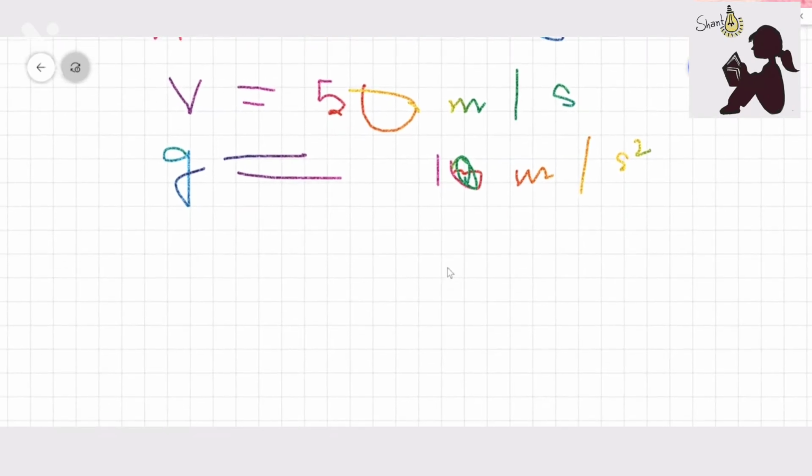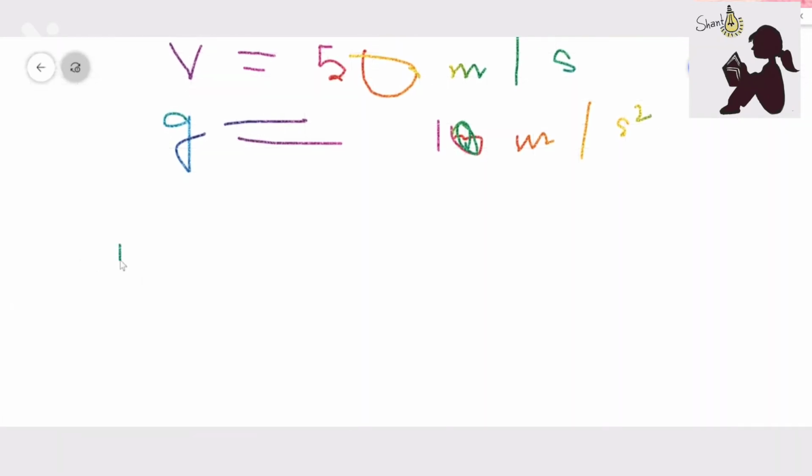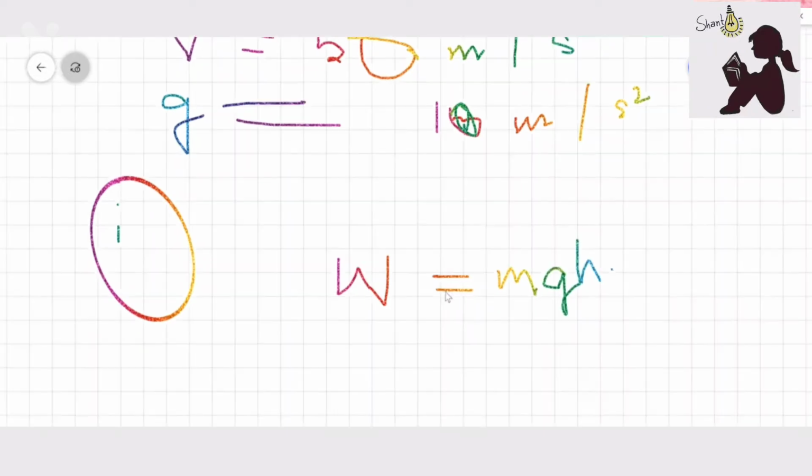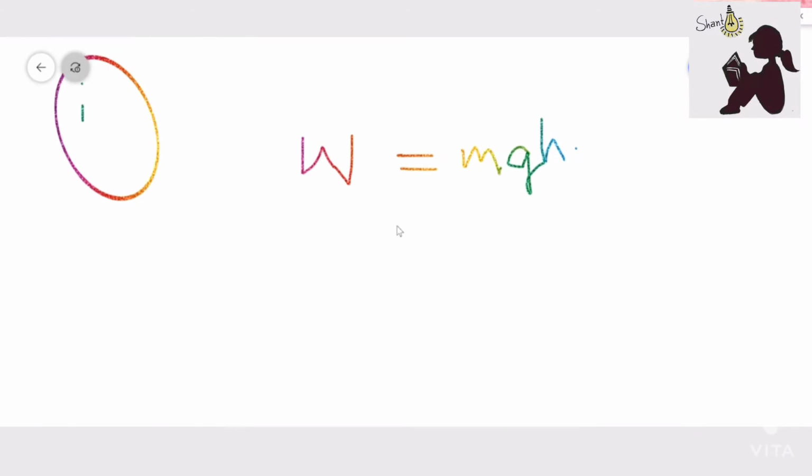Now first, the work done by the gravitational force is given as mgh, because gravitational force comes due to height, and you know that potential energy is also due to height, which is mgh. So the work done will be equal to the potential energy gained by the body.